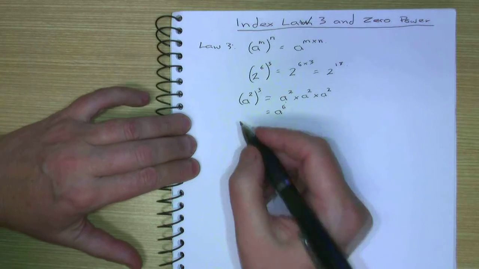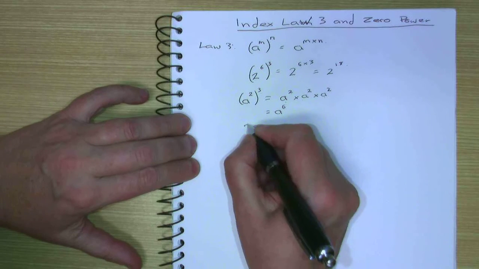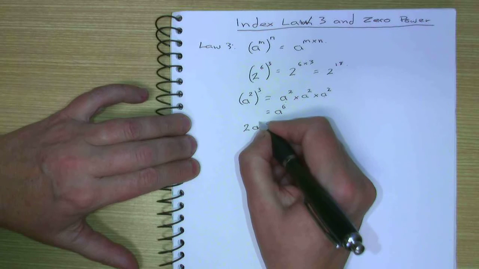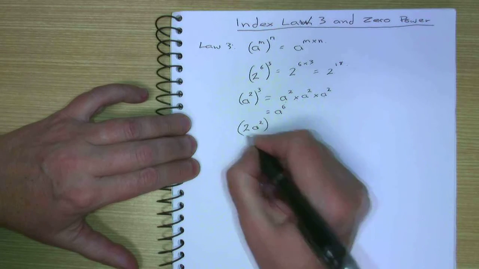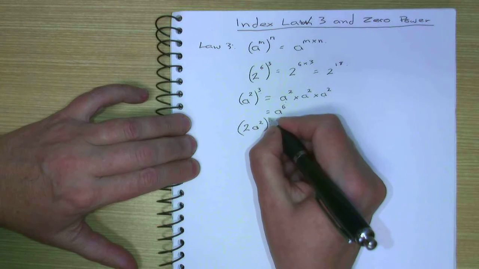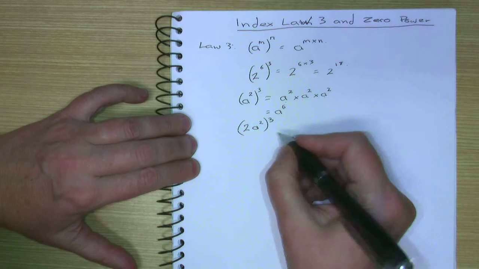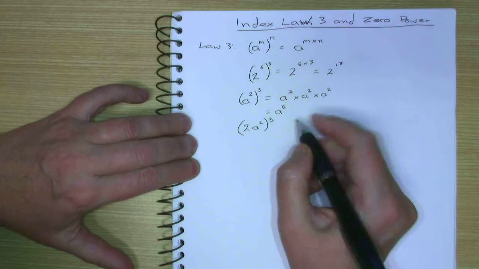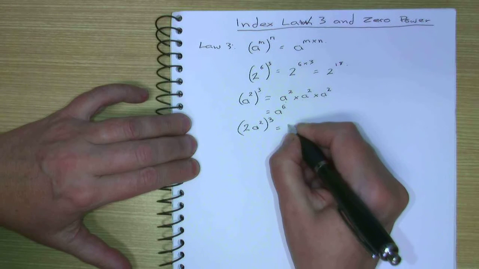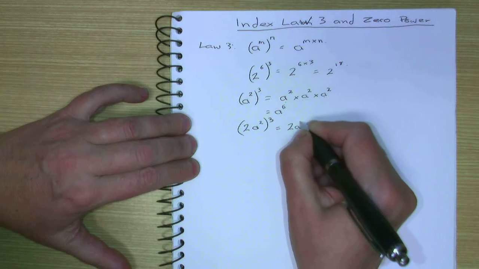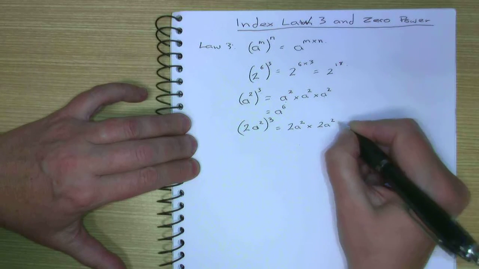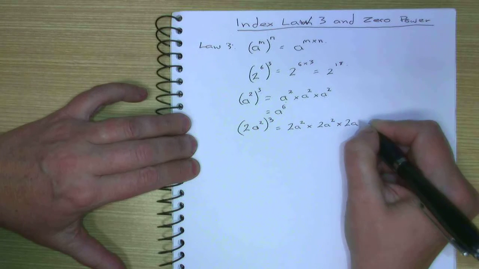Another example that you need to be careful of is if I have a number inside my brackets as well. So this means everything in the brackets to the power of 3. So I would have 2a squared times 2a squared times 2a squared.